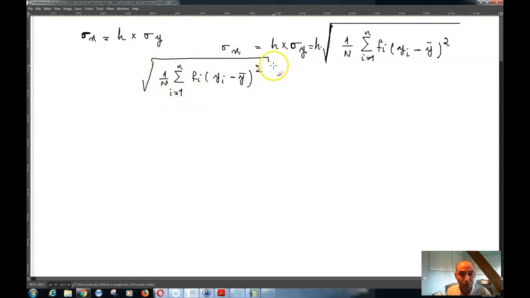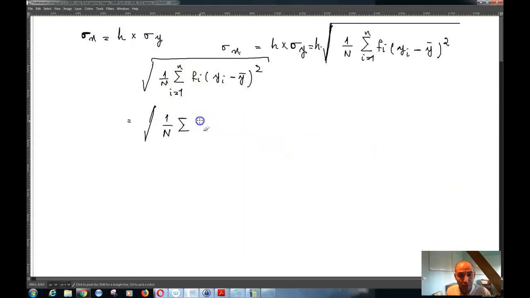So I can write this as the square root of 1 over n, multiplied by sigma of f of i times this thing, so I can separate my sigma. And of course this is squared, so I need to first square this thing.